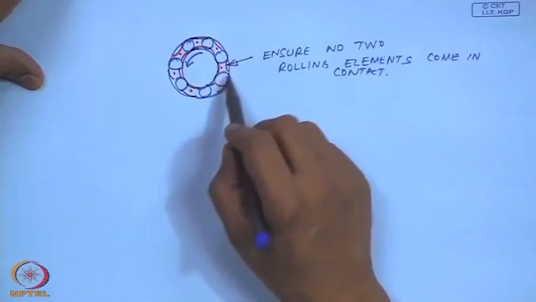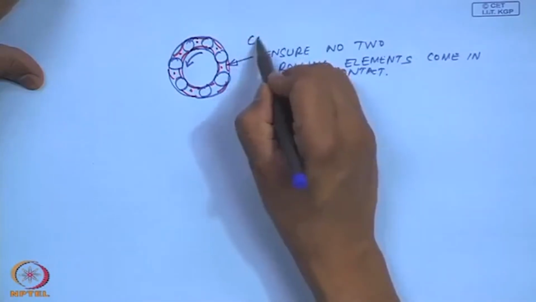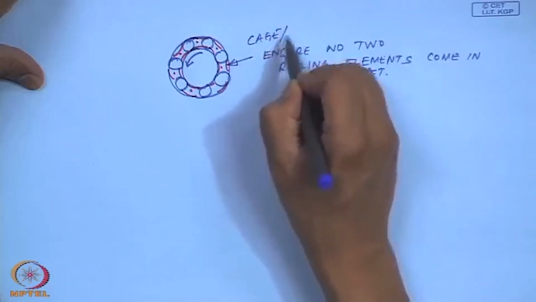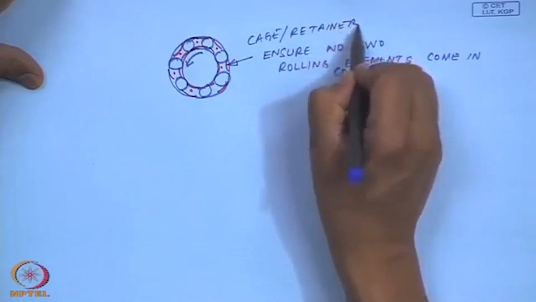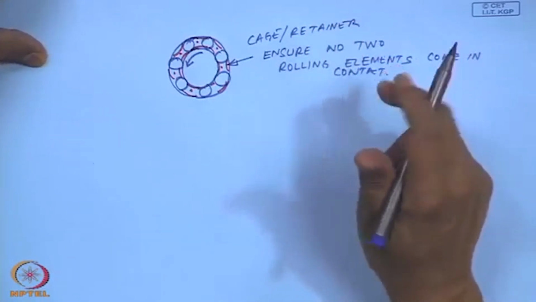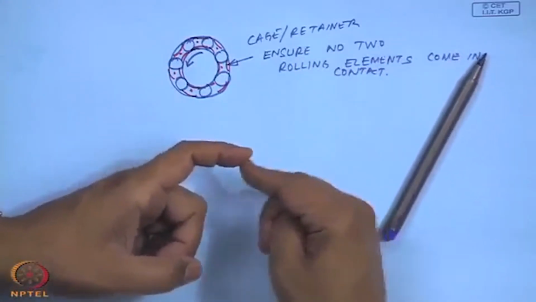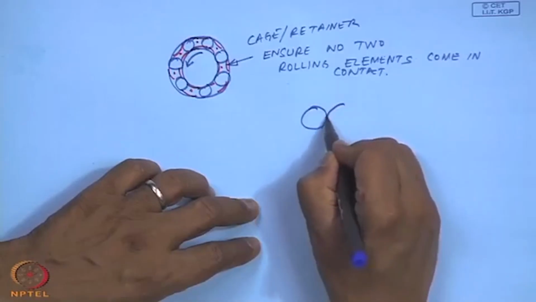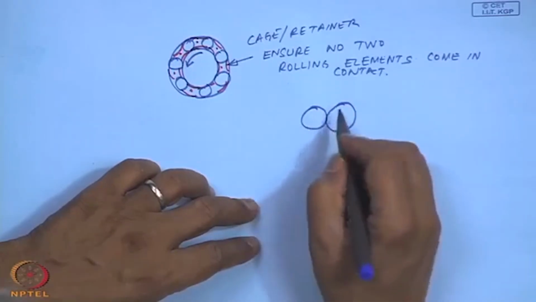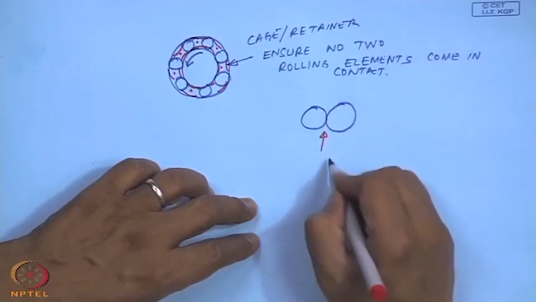If these retainers were not there, or the cage, known as the cage or the retainer, if this cage or retainer was not present, what would happen is these two rolling elements would come in contact with each other, and that happens when there are two balls spinning at high speeds and come in contact with each other, there will be a lot of wear.